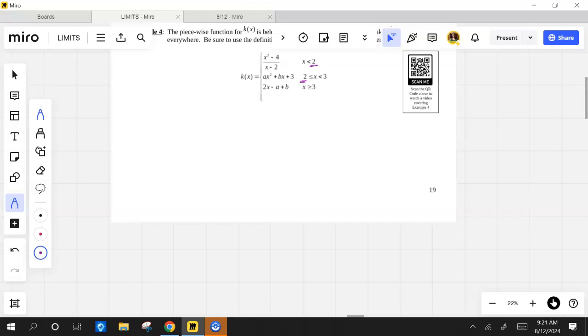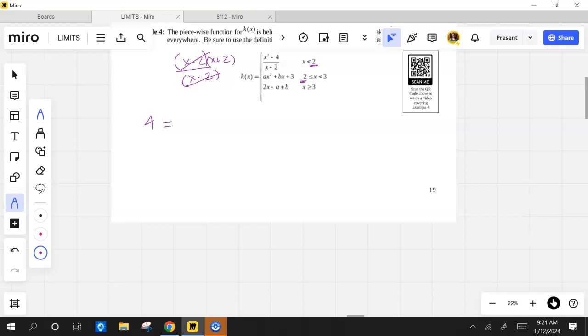So here, if I plug 2 in here, 2 squared minus 4 over... so what do I need to do? The problem is with the next. All right, so when I plug in here, I get 4.